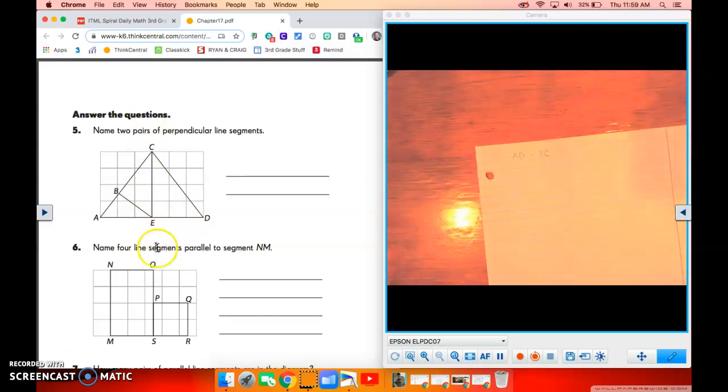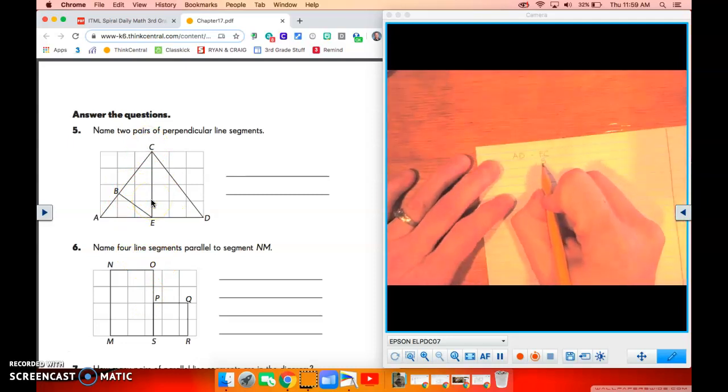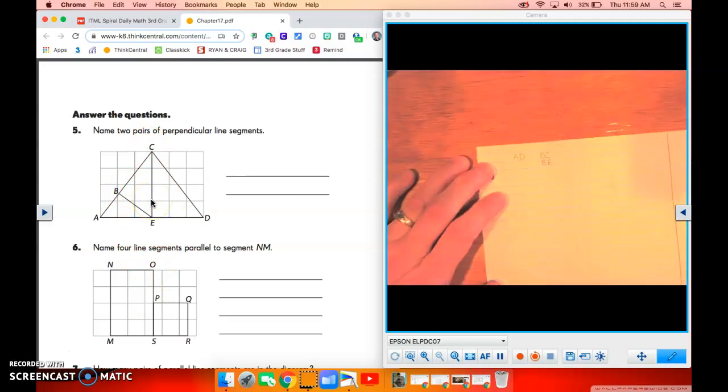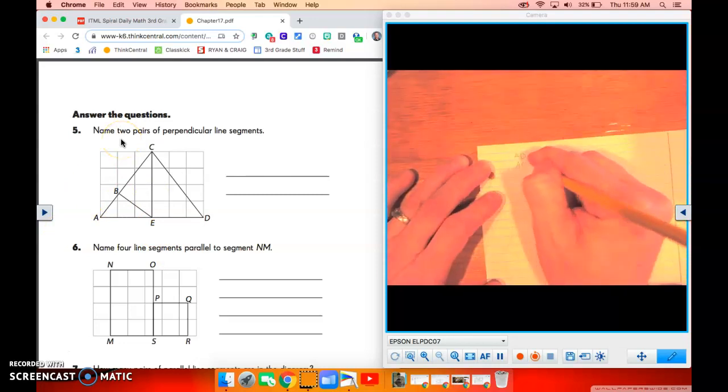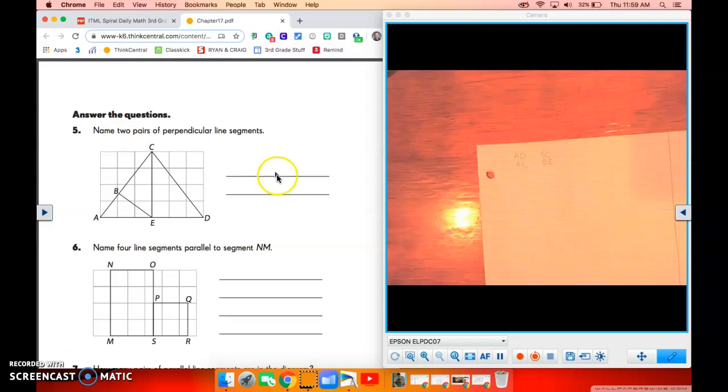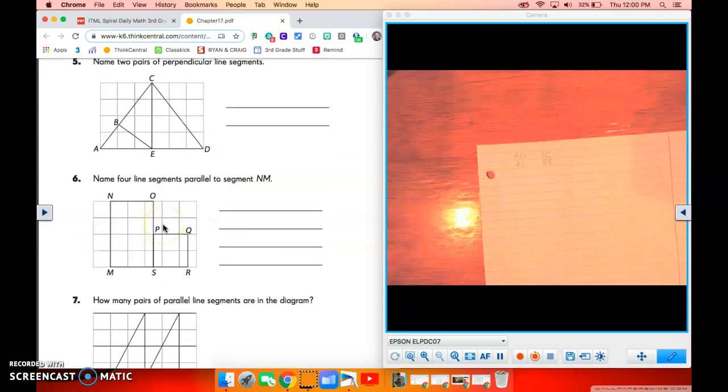I also see that BE and AC are perpendicular lines. Those two are both 90-degree angles, and these two are both 90-degree angles for the AD and EC.